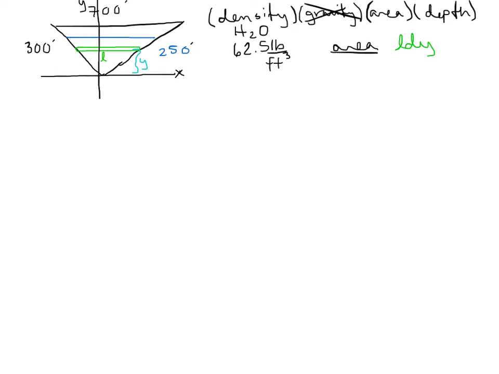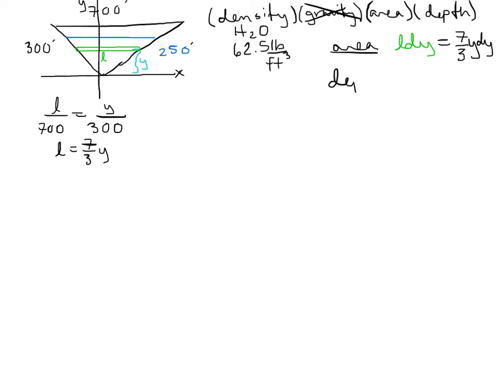So similar triangles with this would say that L is to 700, so that's a small length is to a big length, as a small height, which would be y, is to a larger height, which is 300 for that whole triangle. So L is going to equal 7/3 of y. So my area is going to be 7/3 y dy.